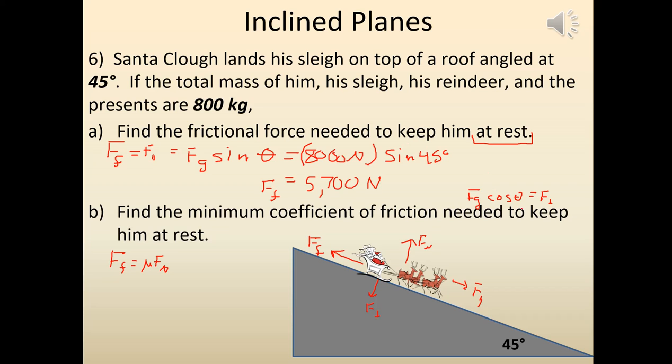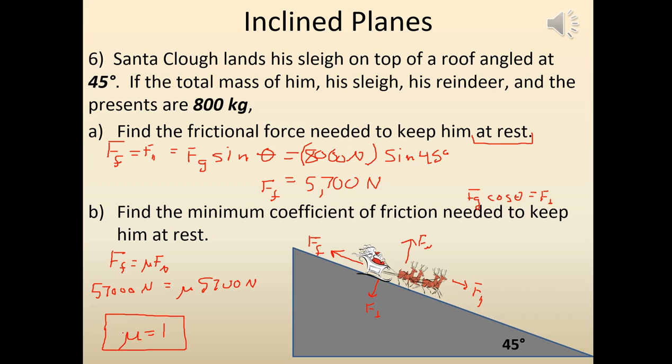Sine of 45 and cosine of 45 are the exact same values. So I actually know that the normal force and the perpendicular force are also equal to 5,700. So my equation ends up being 5,700 newtons for the frictional force equals mu times 5,700 newtons for the normal force. Divide that over, and I get my coefficient has to be at least equal to 1.